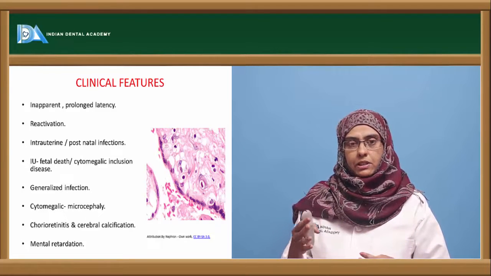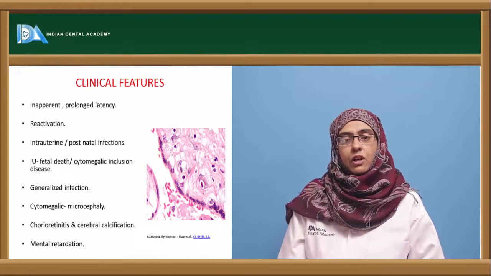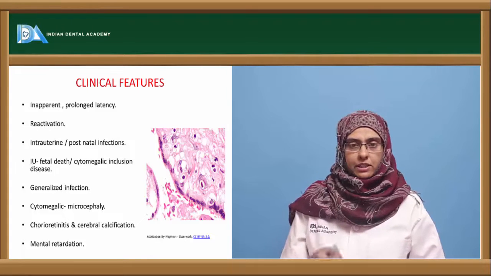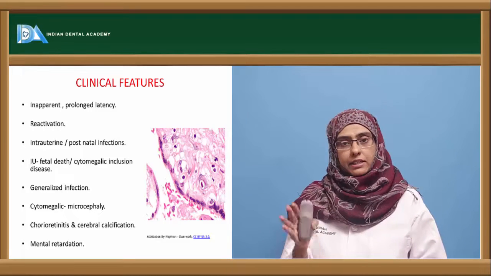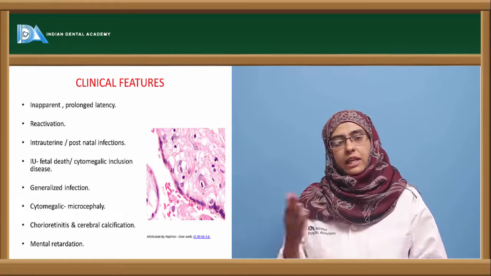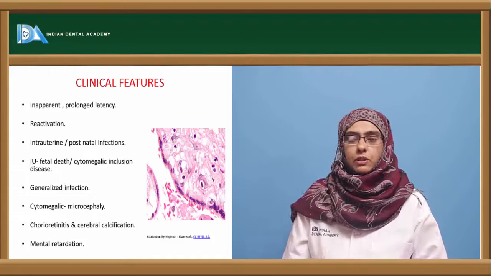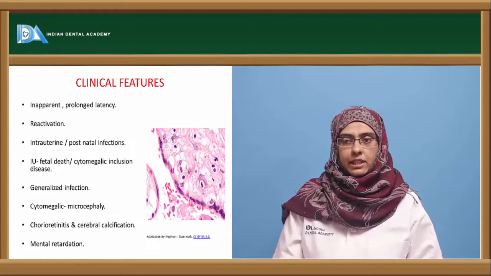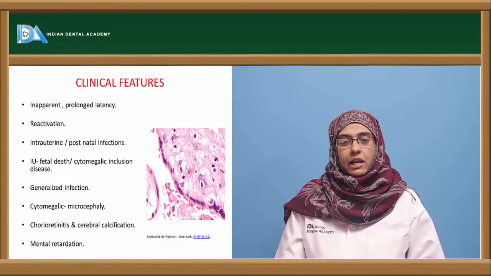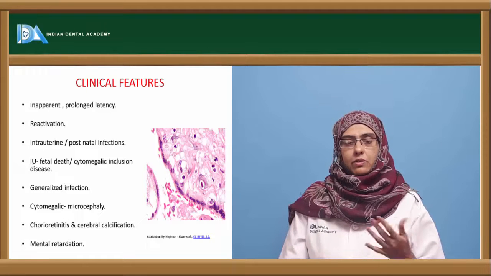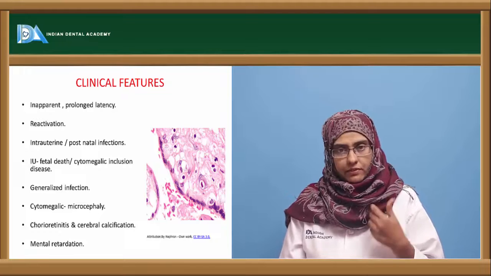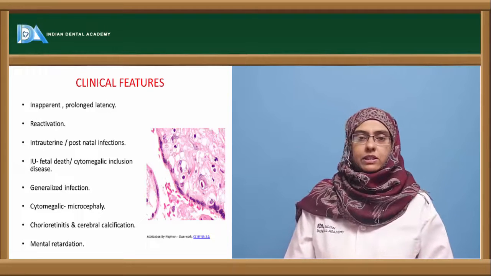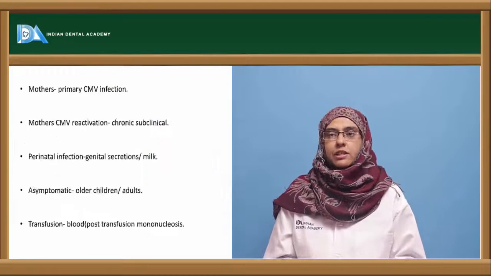Apart from this, the other important complication of cytomegalovirus infection is microcephaly. This is the most important complication, and it is rare in nature. The other rare complications associated with this disease are chorioretinitis and cerebral calcification. In children who are infected with this disease, it ultimately leads to death. But if they survive, you can see mental retardation in the children.